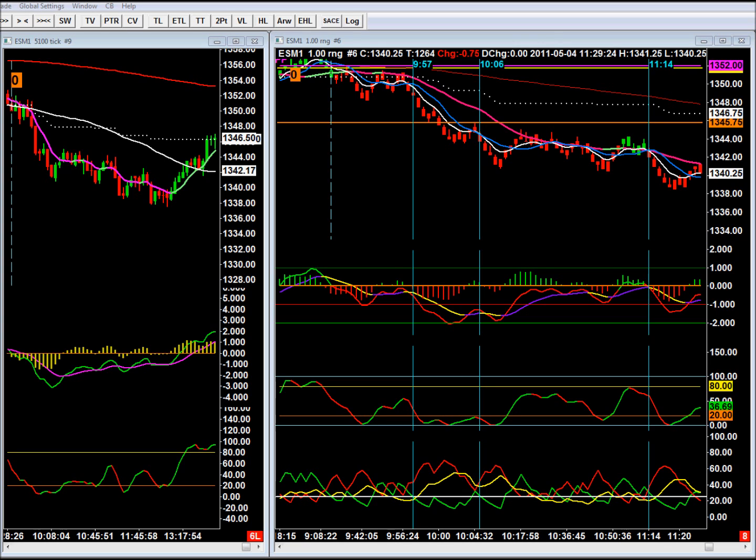But what can be helpful is when you look at that 6 EMA and the 9, in taking those pullbacks, if the 6 is not the leader basically, if the 6 isn't leading, then don't take the pullback.